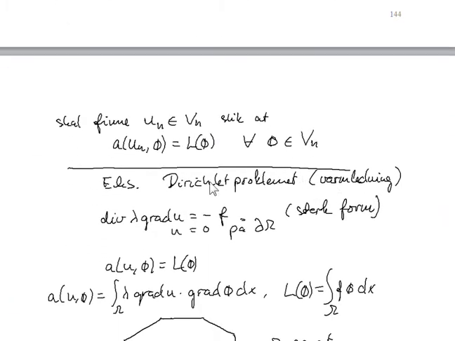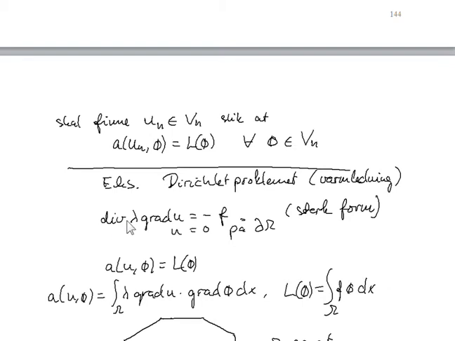So what we are doing is to replace the original Hilbert space with just this finite element space. One simple example is the Dirichlet problem, and we will only consider the Dirichlet problem in this course for simplicity.